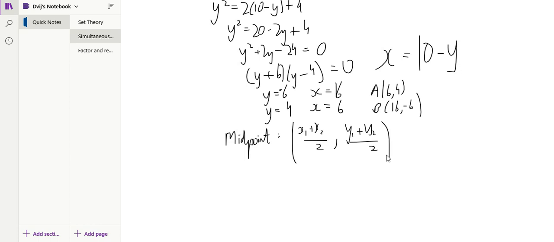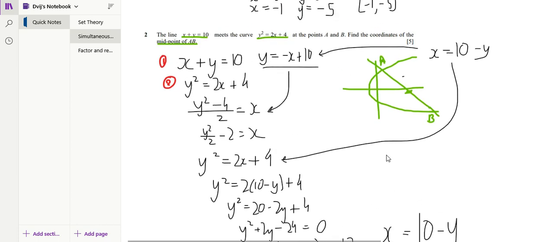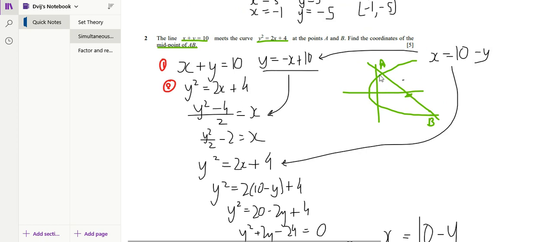So let me just give you a quick explanation of where that comes from. This midpoint here is halfway between a and b in terms of the x coordinates. So it's halfway between a and b, and it's also halfway between a and b in terms of y coordinates. Right here somewhere, so it's right there.